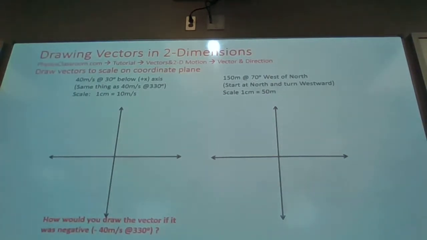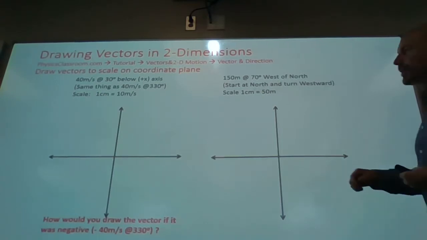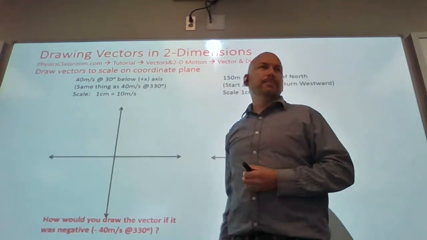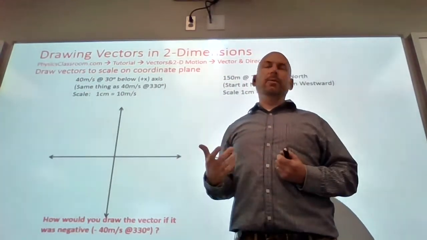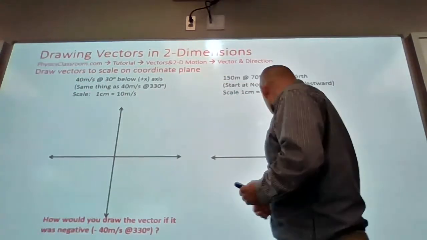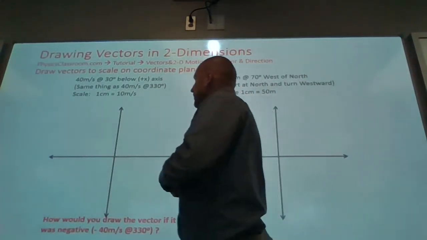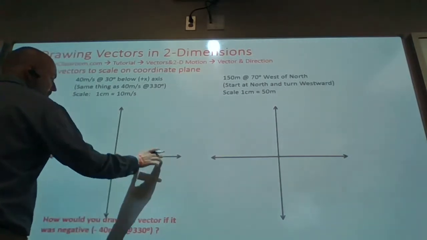Okay. All right. So let's say I have a vector that I want to sketch, 40 meters a second at 30 degrees below the positive x-axis. In math class, they'd probably say at 330 degrees, but often you're going to see this like below the positive x-axis or below the horizon or something like that. So here's your positive x-axis.